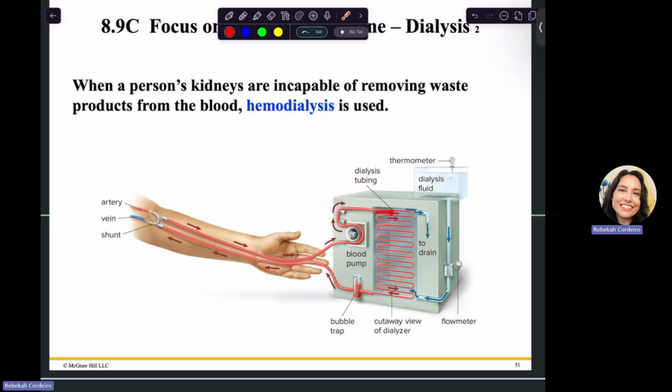There's semi-permeable membranes all in this. Unfortunately, it's not really showing you exactly what those things are. But the waste particles can come out of the blood, but other important stuff doesn't come out of the blood. So as your blood goes through the dialysis machine, the waste particles come out because the semi-permeable membrane in these tubes allows the waste particles to come out and allows water to maybe flow in, and then it cleans your blood and puts your blood back into your body.